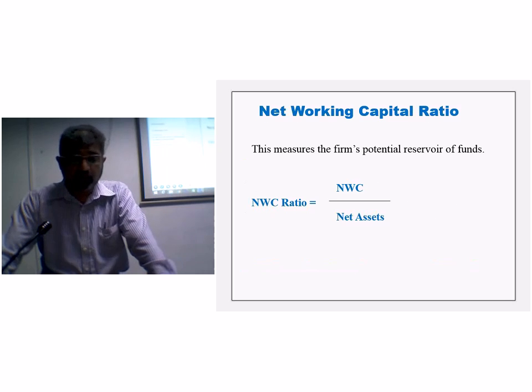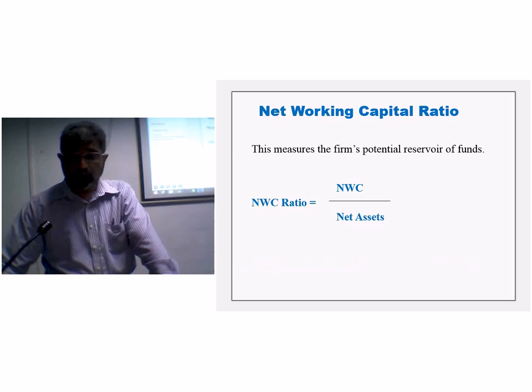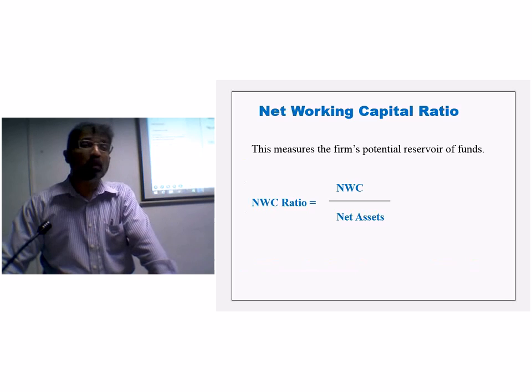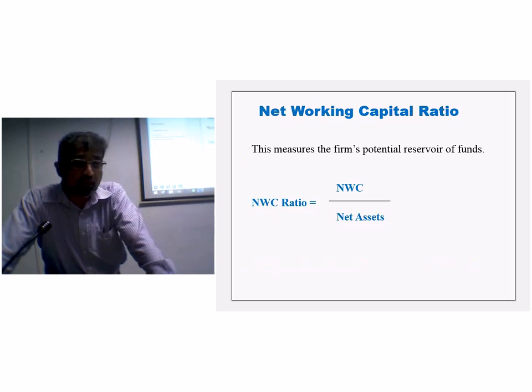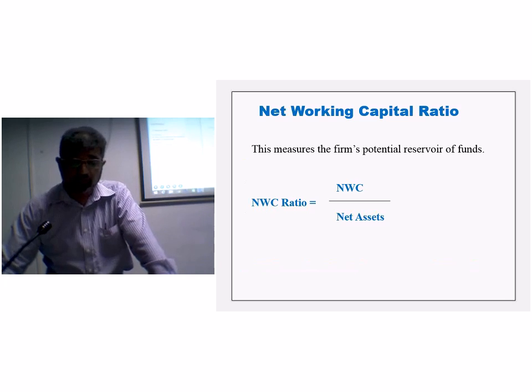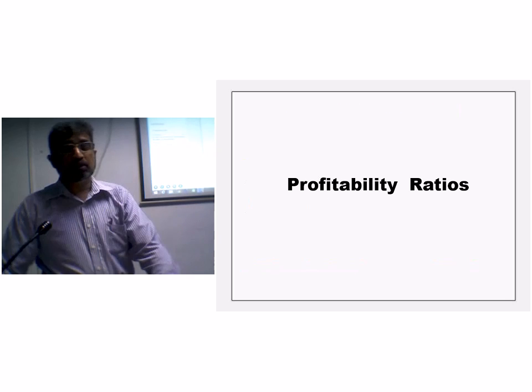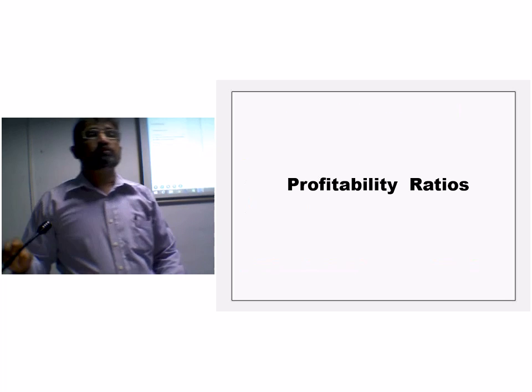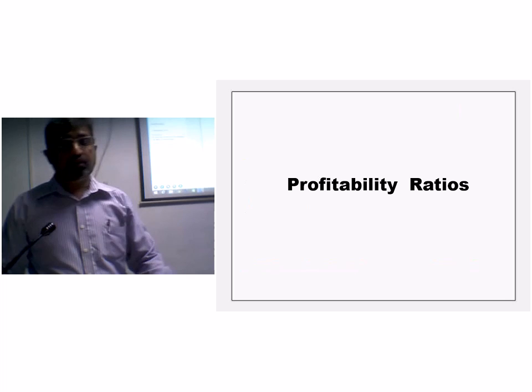Then the net working capital ratio. I think it is also very easy to calculate. Net working capital means current assets minus current liabilities, divided by net assets. Then again we can use this ratio for determining liquidity, right?